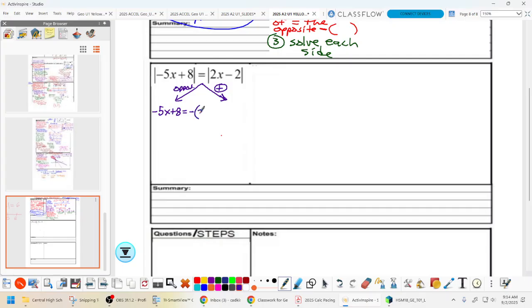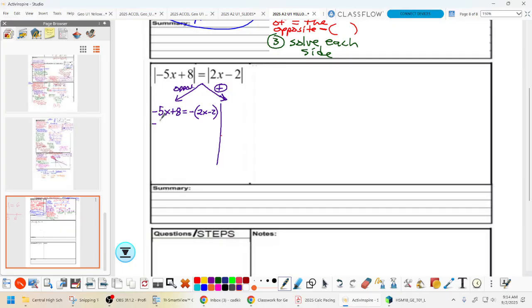Put negative out front of 2x minus 2. So we're dropping the absolute value, but we're saying, hey, it's the opposite of what's there. So put a negative sign out front. And now the absolute values are gone.